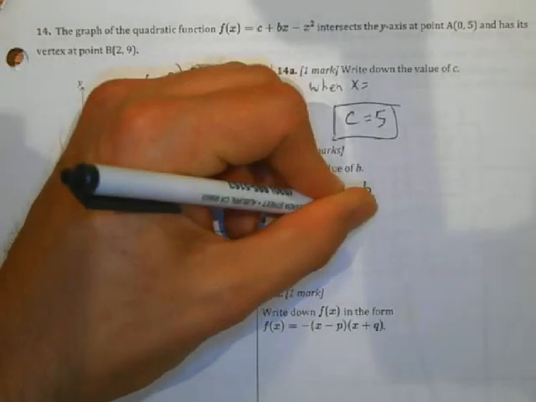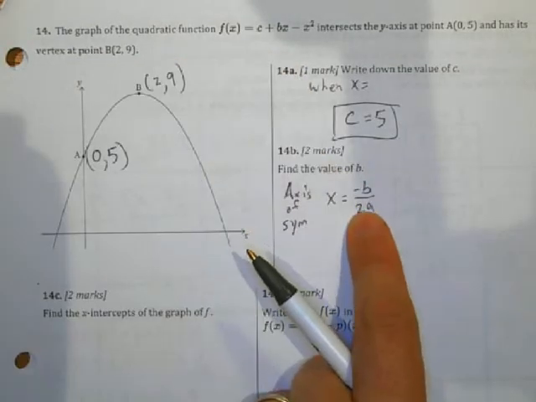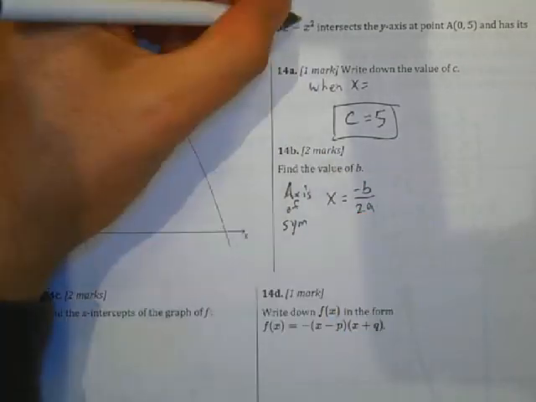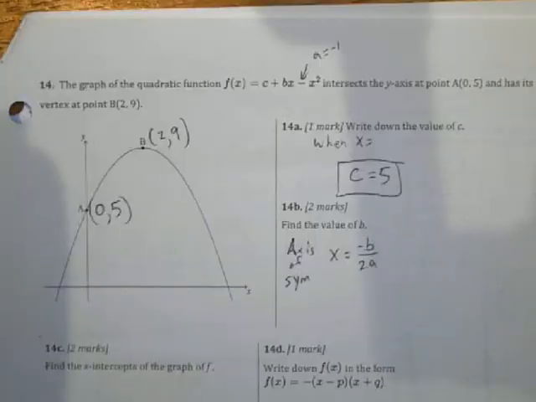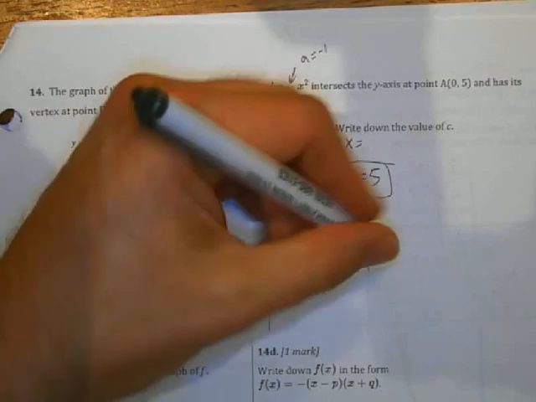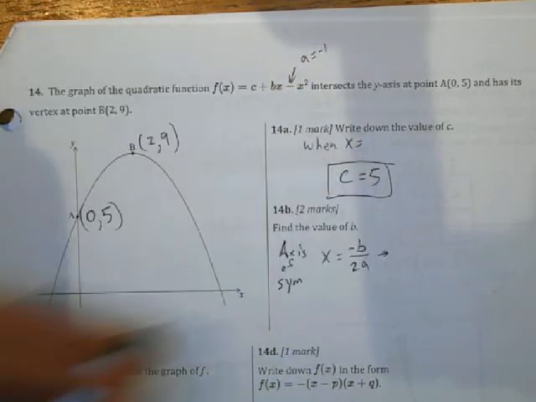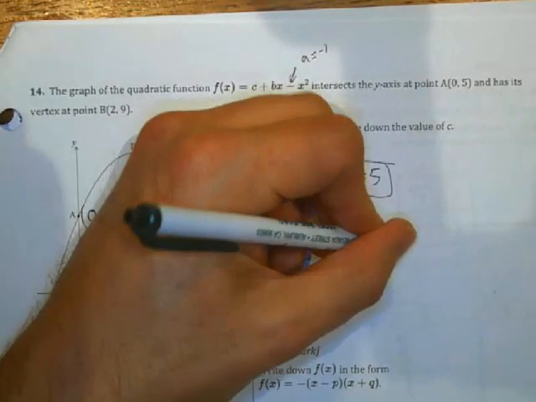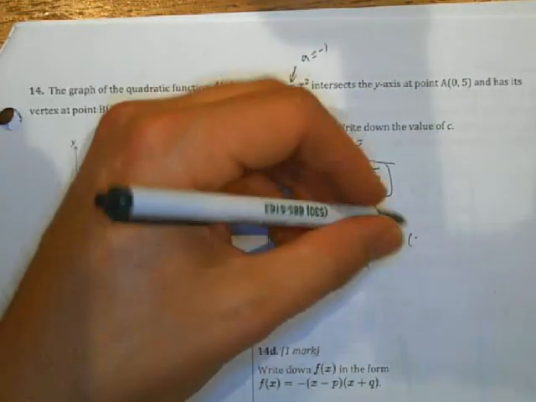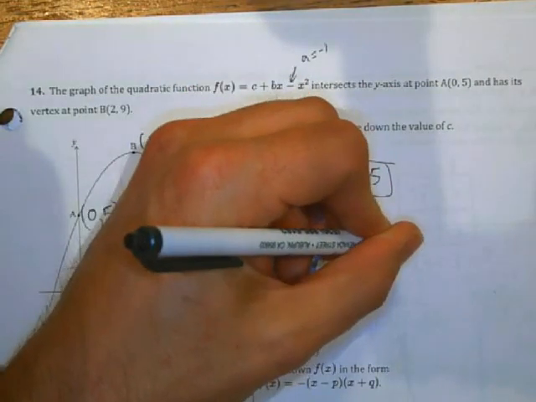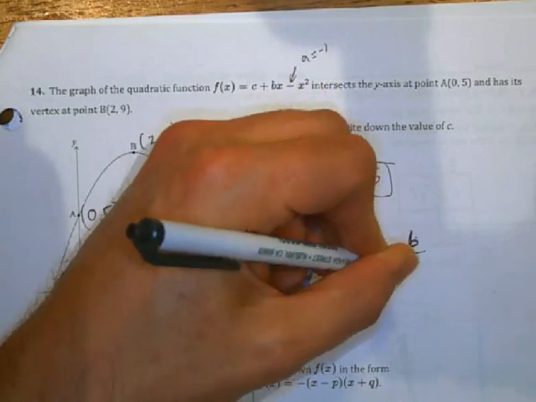We want to find b, right? From this equation, we know that a equals negative 1. So I've got negative b is... hold on. We don't know b. We're trying to find b.